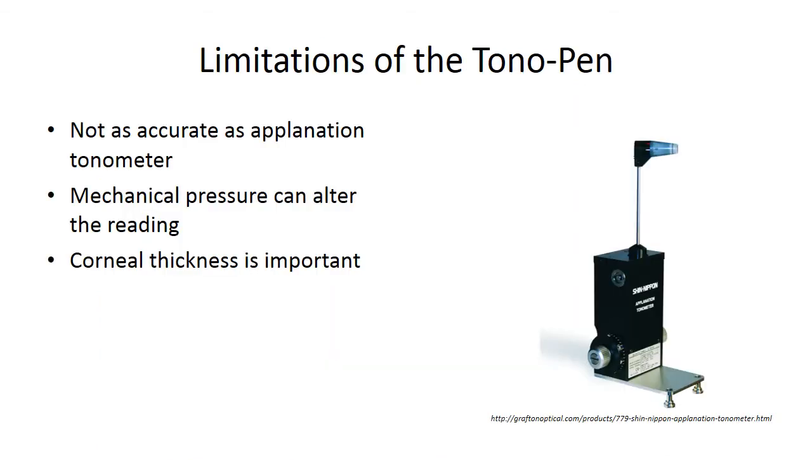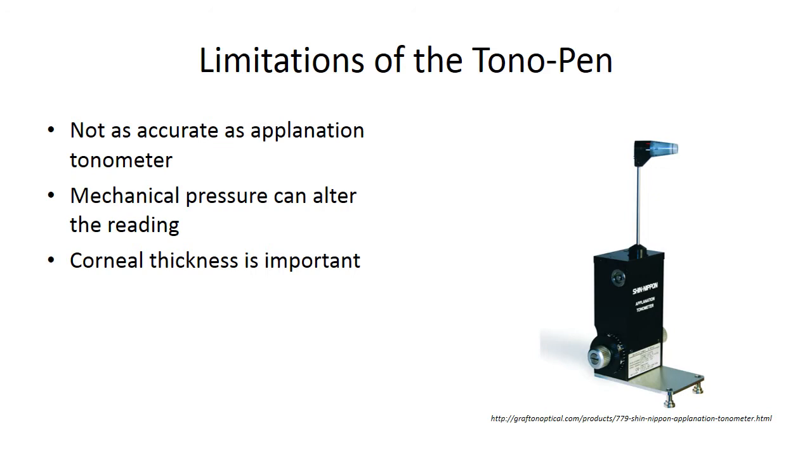The Tono-Pen is especially useful in the outpatient screening setting, but there are some limitations that you should be aware of. In general, it is not as accurate as applanation tonometry shown to the right, which is usually performed as part of the slit lamp examination. As mentioned previously, mechanical pressure unknowingly applied to the eyeball by the examiner can result in a falsely high IOP reading.